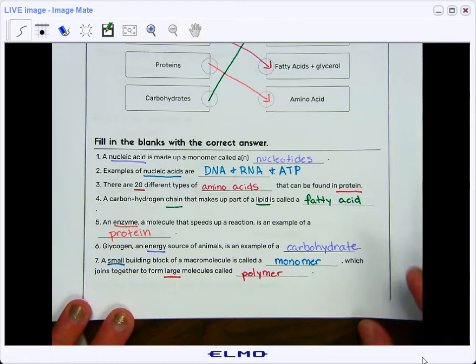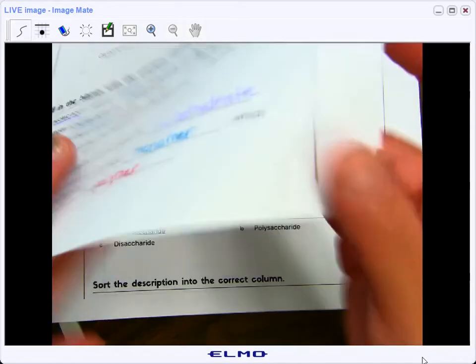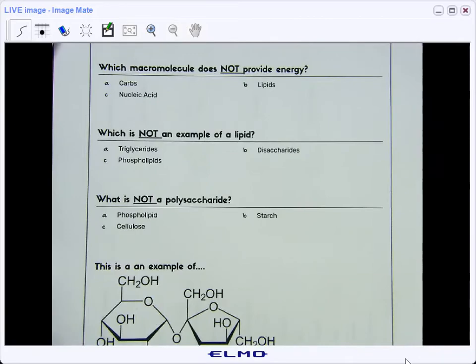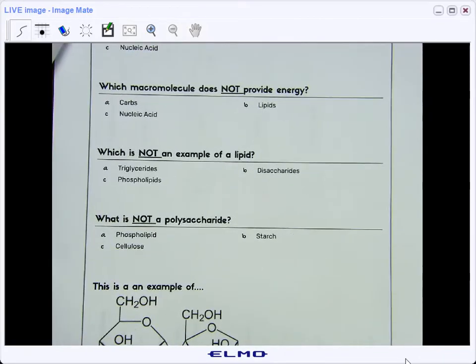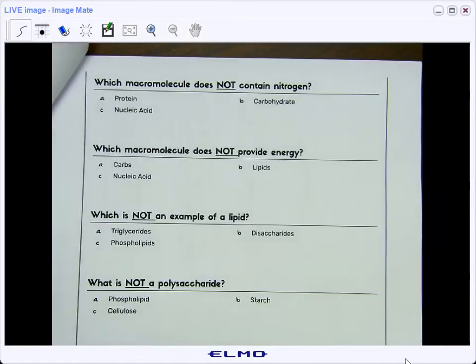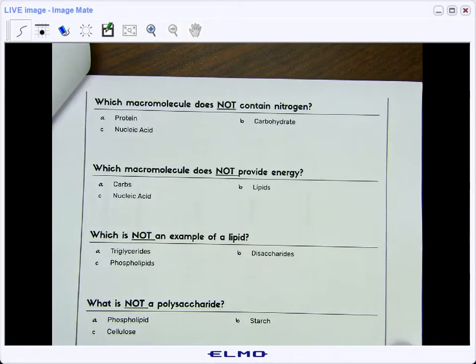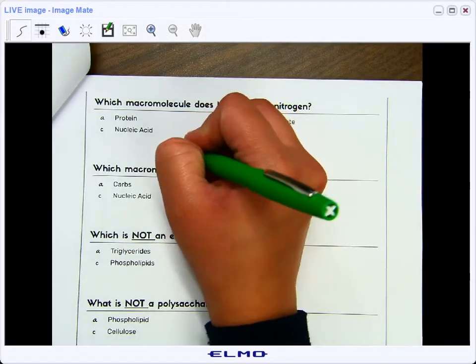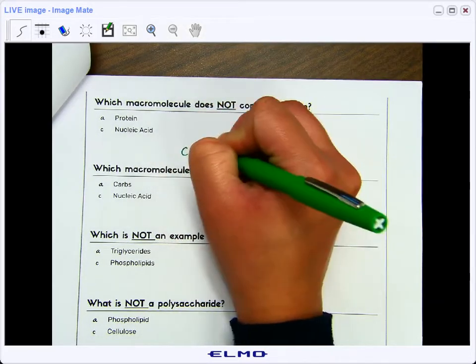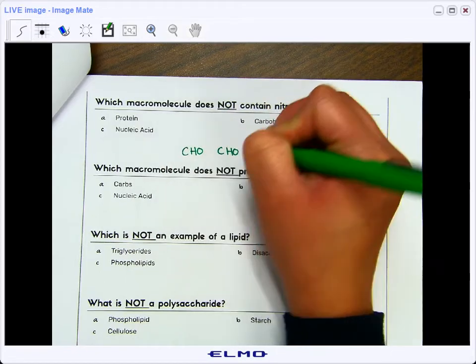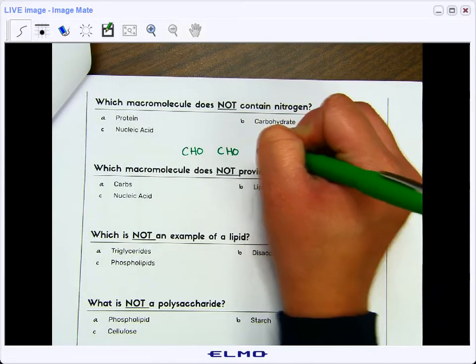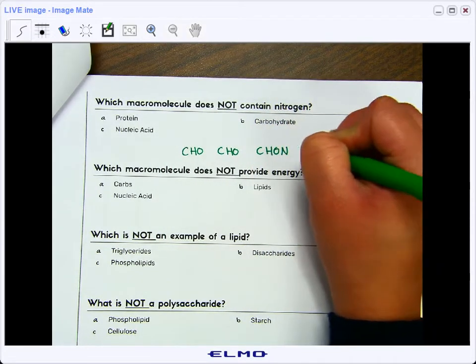All right, now we're going to go on. Which macromolecule does not contain nitrogen? Remember in the video, they talked about CHO, CHON, and CHOMP.